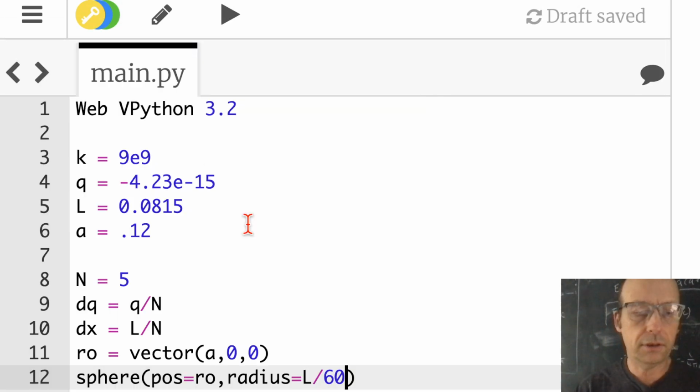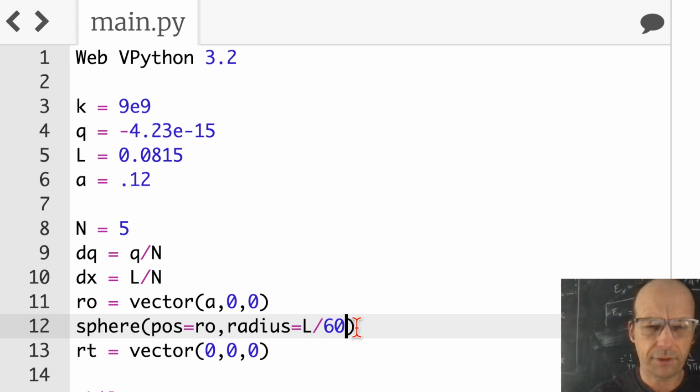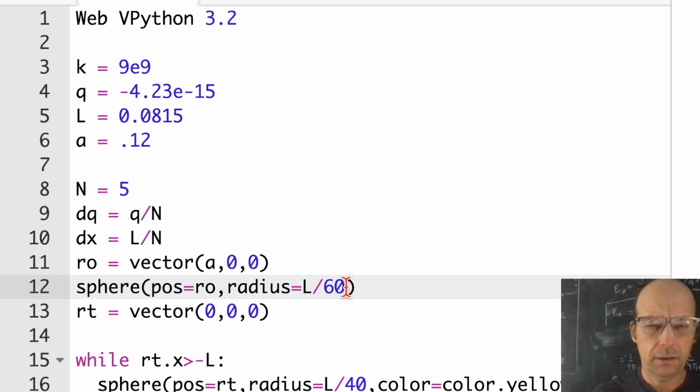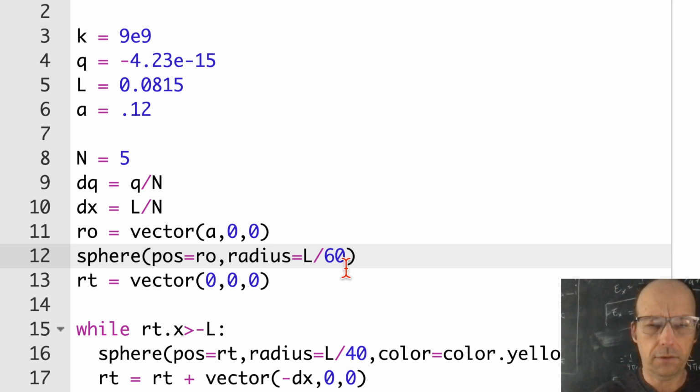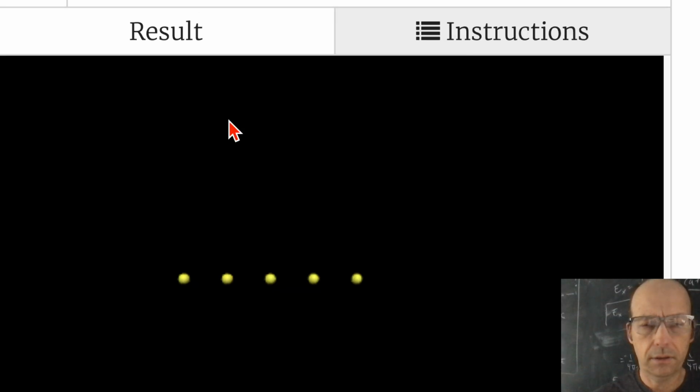Do I not even see it? L over 60, you should see it. Position is RO. Radius is L over 60. Let's do L over 40. I don't know why I don't see it. Did I misspell something?